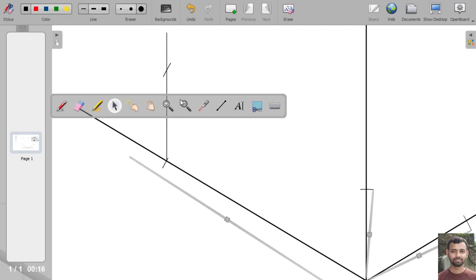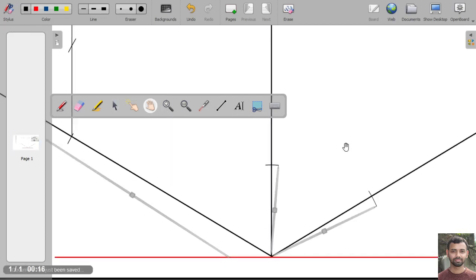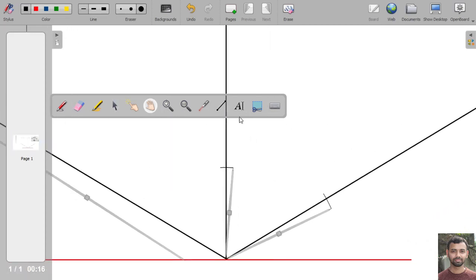Similarly, we have to draw another vertical line over here. That is another isometric axis, and on this axis also we have to mark this dimension. Okay, so now we can draw this and this isometric line.